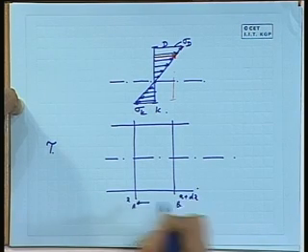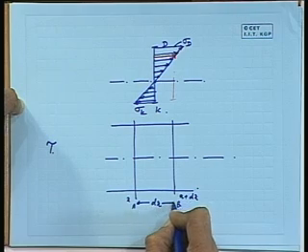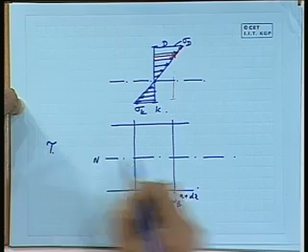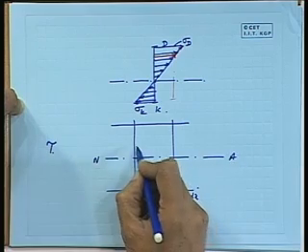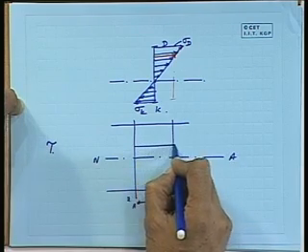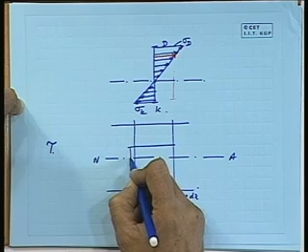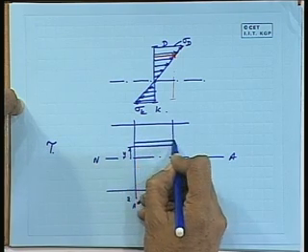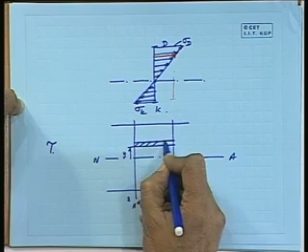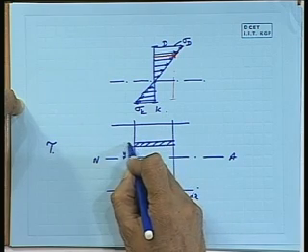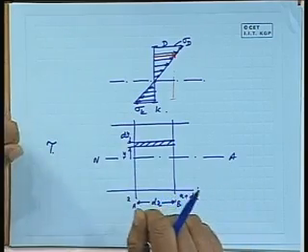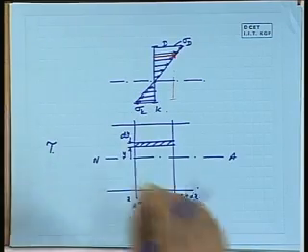That means the distance between these two is dx. This is the neutral axis position I have drawn here, and at some distance away, say y, you take a small layer of thickness dy, and let us see what is the state of stress.